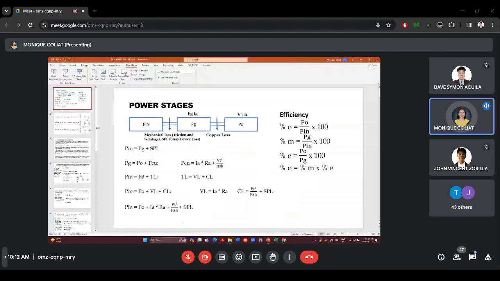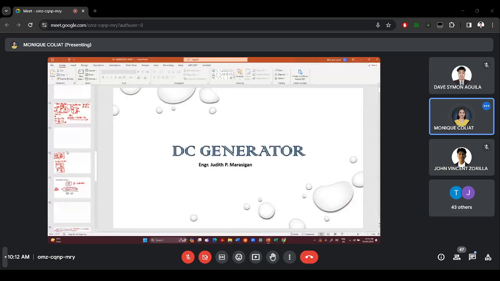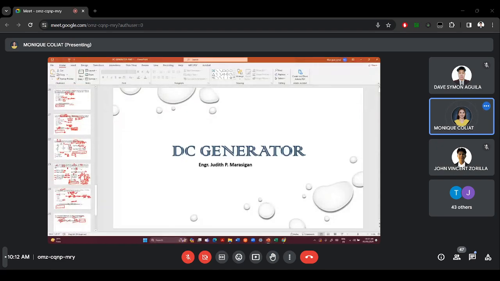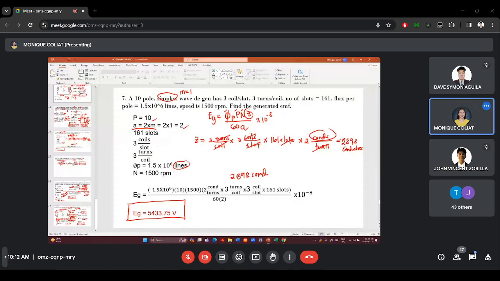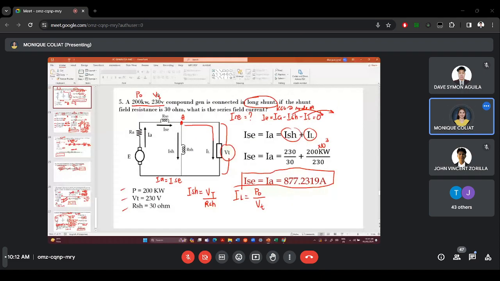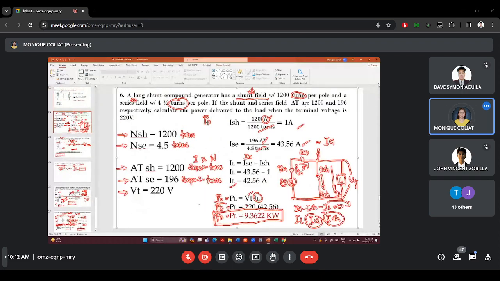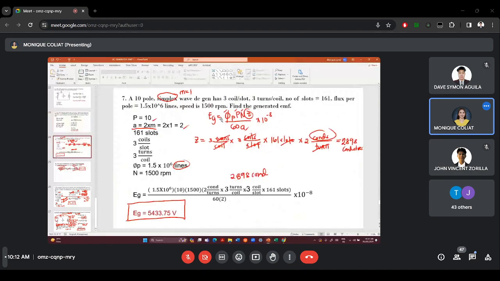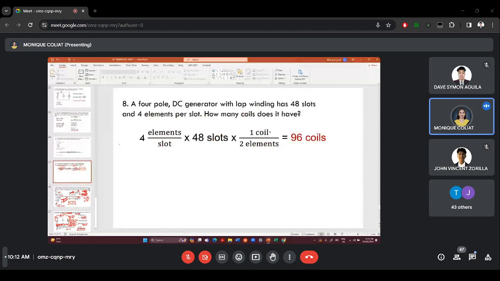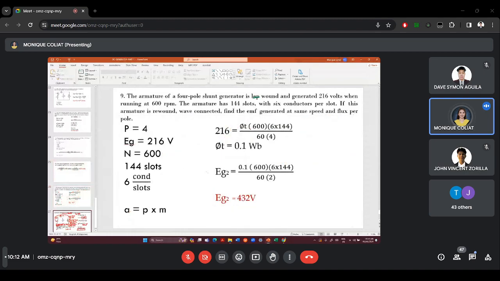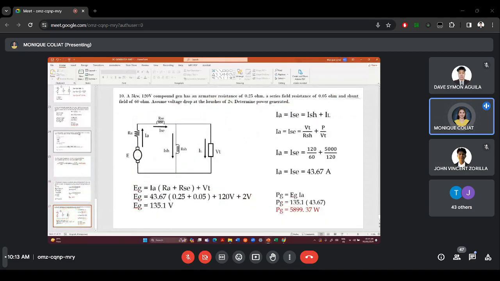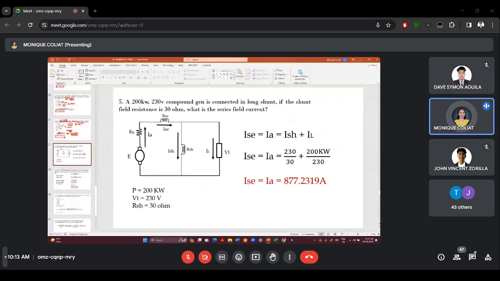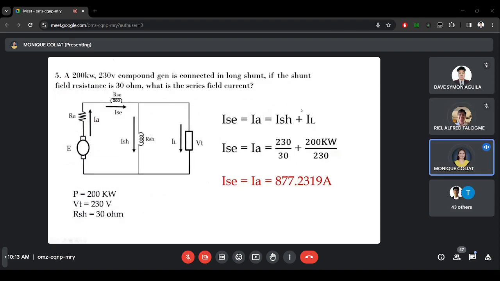So, tayo ay solving ng different types of generator. Okay, nakikita na po ba ito? Opo. Okay, sige, start na tayo.